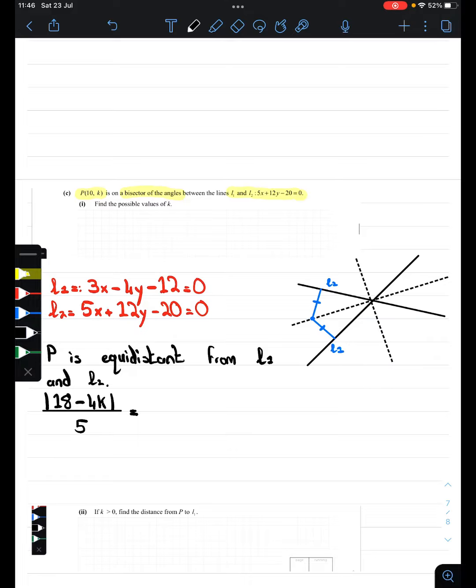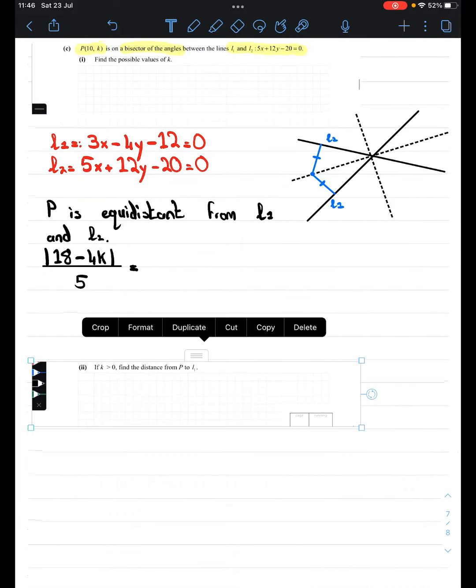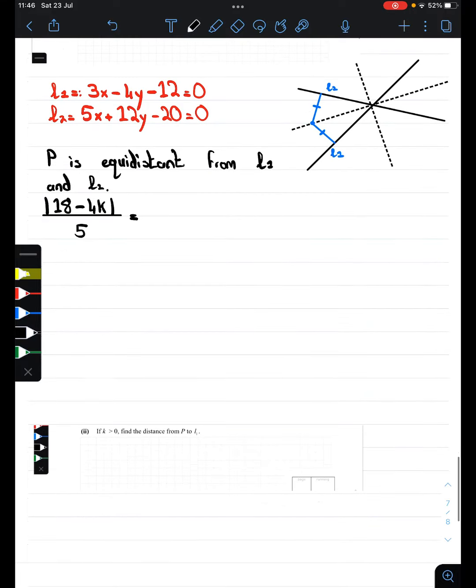Well, we can actually get an expression for the distance from P to L2, and we can let these two things equal. So let's just call this D1 equals D2.